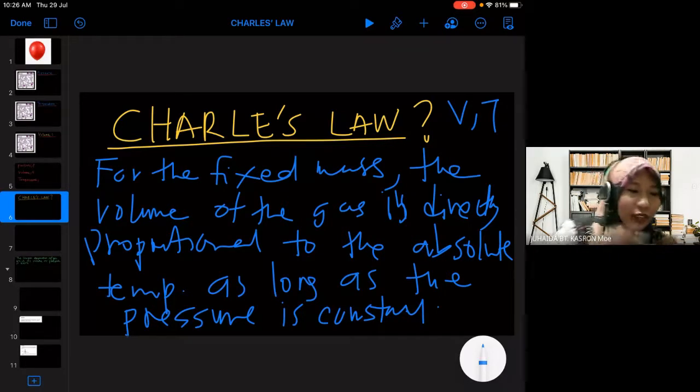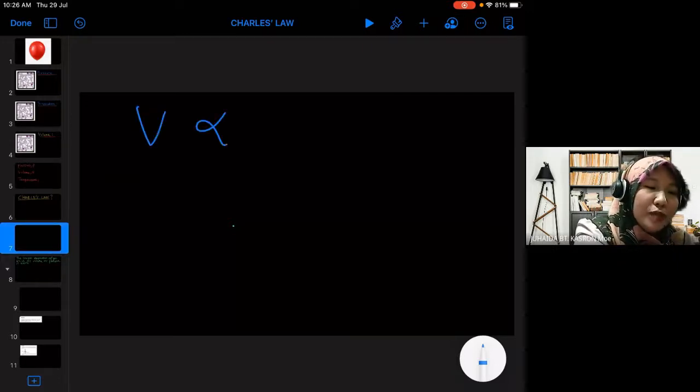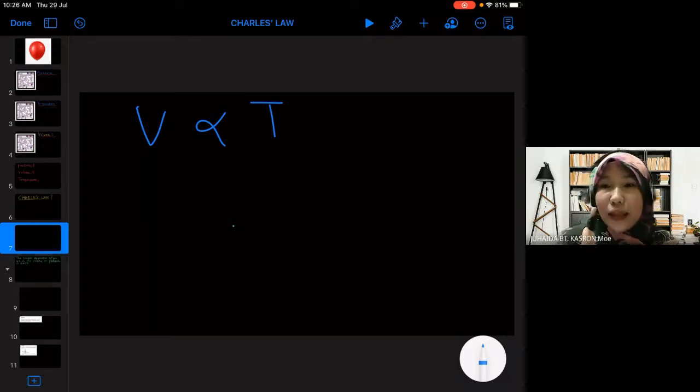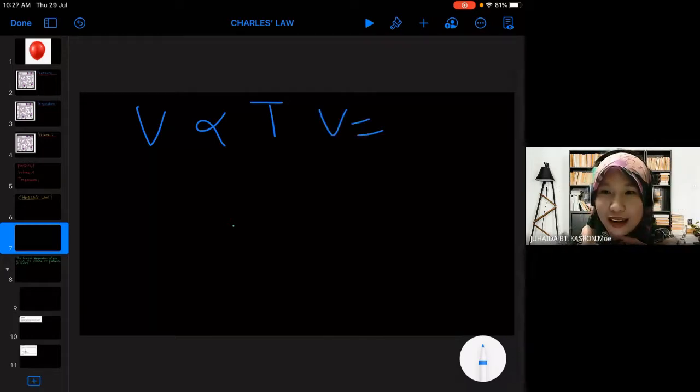Now for Charles law, we want to investigate the relationship between the volume and the temperature of the gas. The statement of Charles law states that the volume is directly proportional to the temperature. This is the relationship, not yet the mathematical formula. To use it as a mathematical formula, you have to change it into an equal formula, so there must be an equal sign.